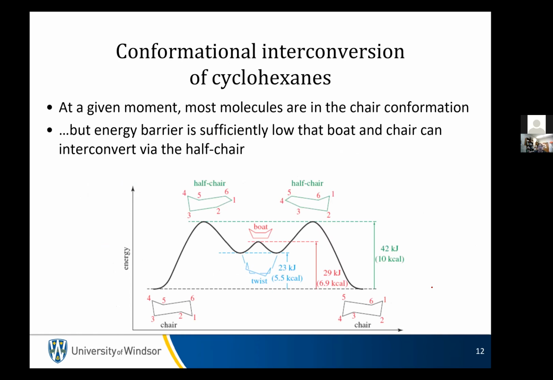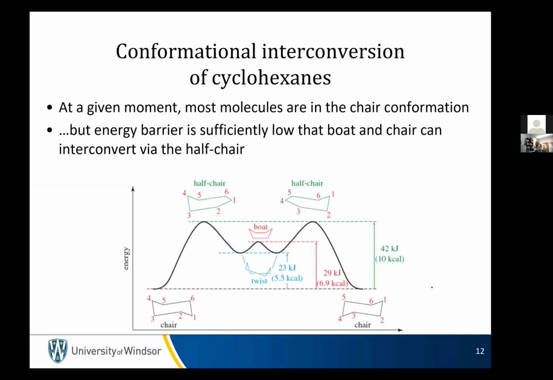We get this kind of graph if we show small changes in bond angles. What's happening here is the chair goes through a half chair where we get more eclipsing conformations, really bad, a whole bunch, because 6 and 1, 1 and 2, all these ones completely eclipse each other. You have this kind of thing sticking up and it's in the way.